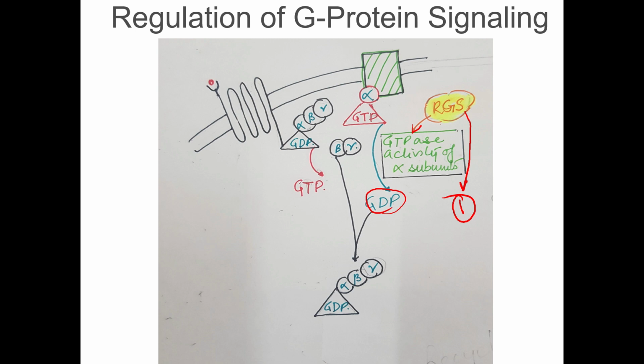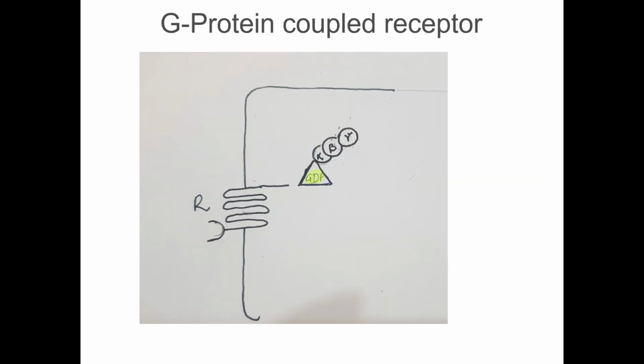Now to make it more clear, let's review a little bit about how these G protein coupled receptors act. This is the simple structure of the G protein coupled receptor. They are membrane bound receptors with 7 transmembrane helices. You can see 7 times: 1 2 3 4 5 6 7, with the outer side where the drug can bind, and inside it is attached with the G protein.